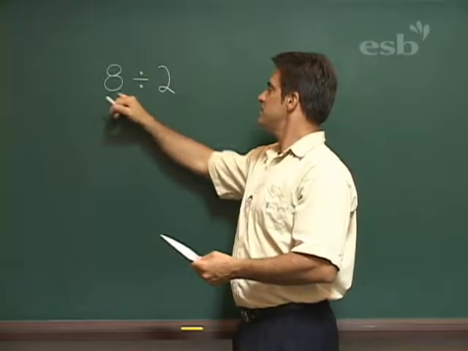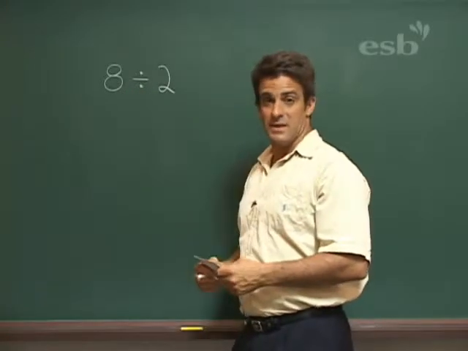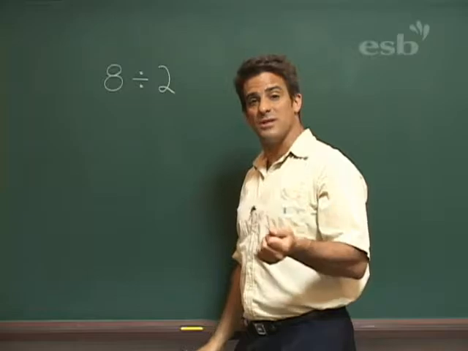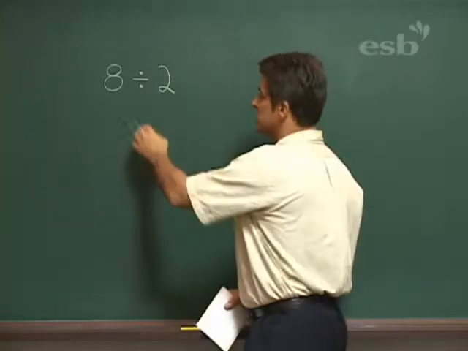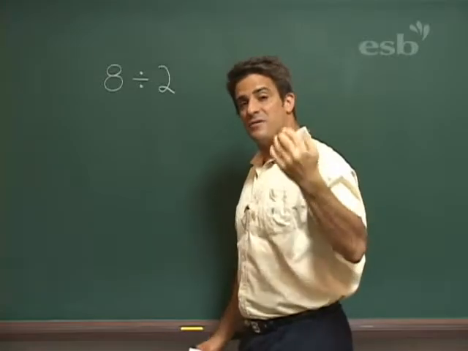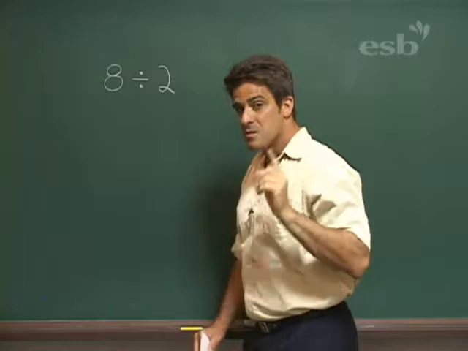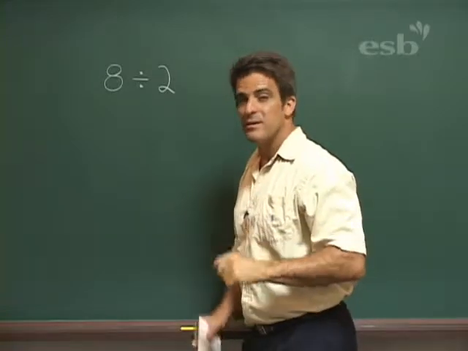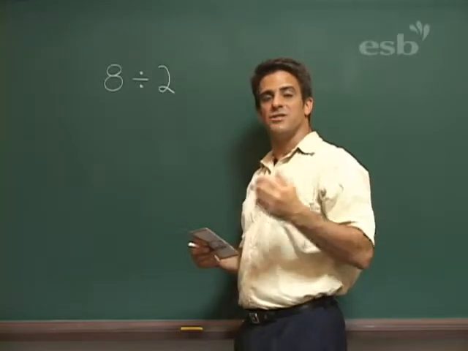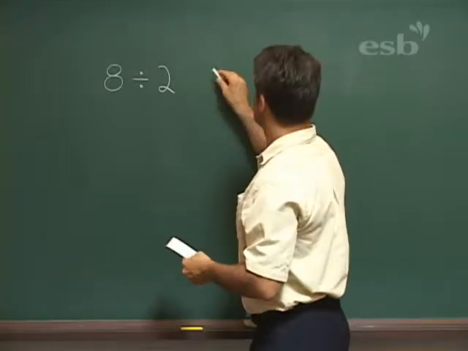8 divided by 2. This is a division question. Notice the sign divided by. We often write division questions this way. But we can also write division as a fraction. Let me show you.